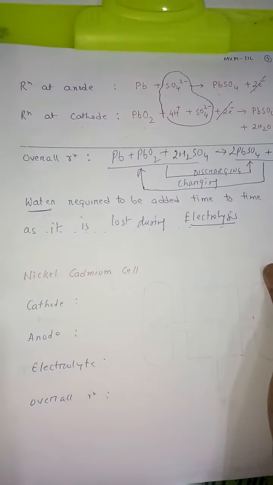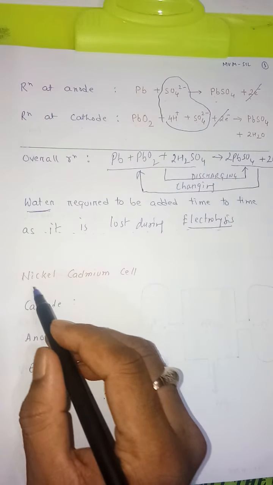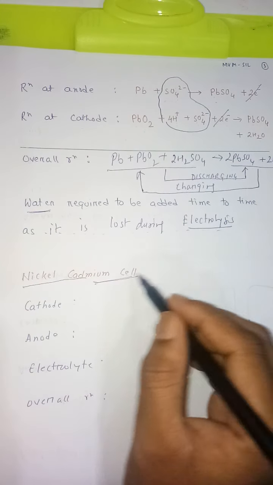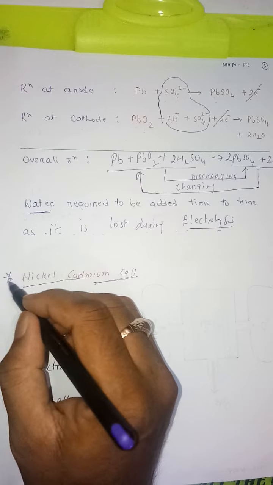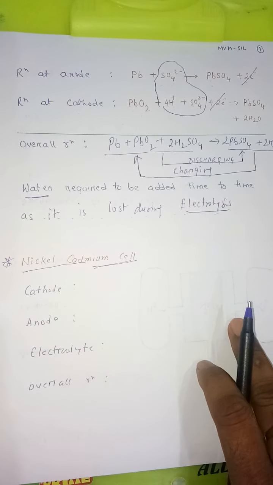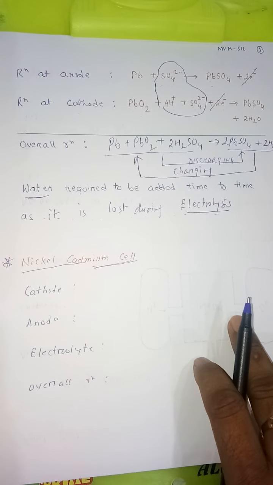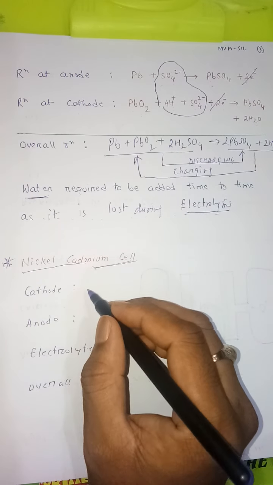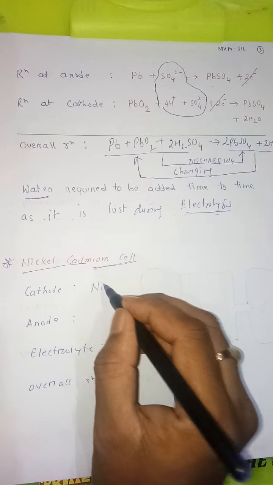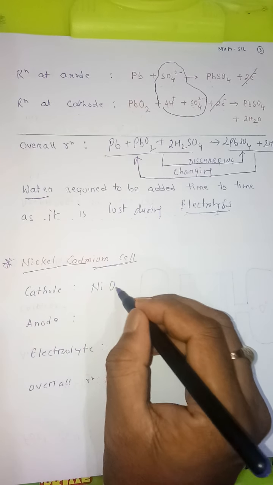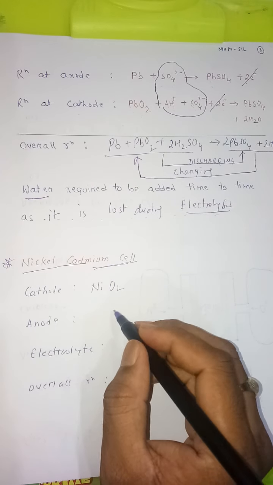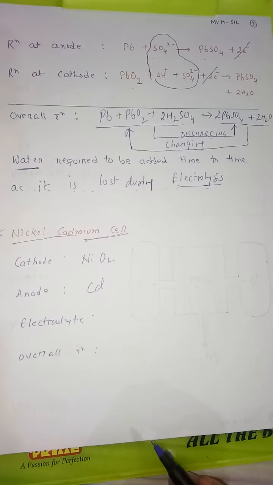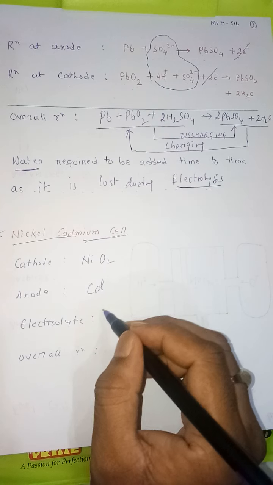So next, another thing is the nickel cadmium cell. It is costly and not commonly used. In the nickel cadmium cell, the cathode is nickel oxide, the anode is cadmium, and the electrolyte is KOH solution.